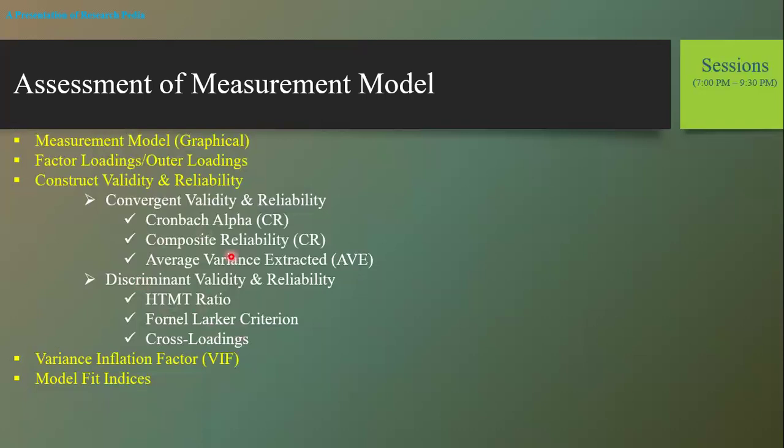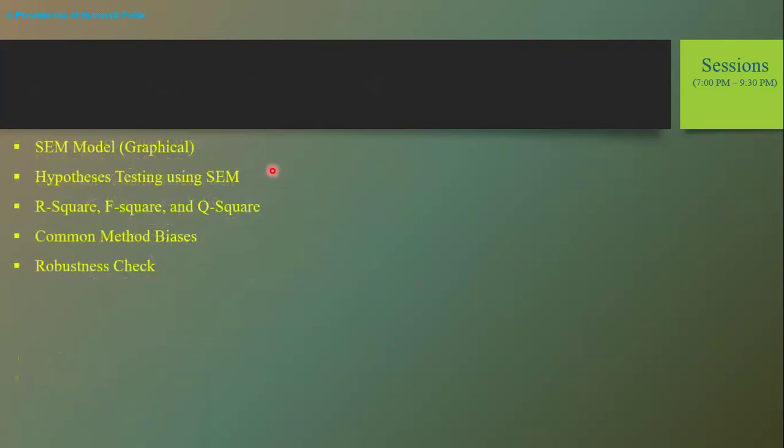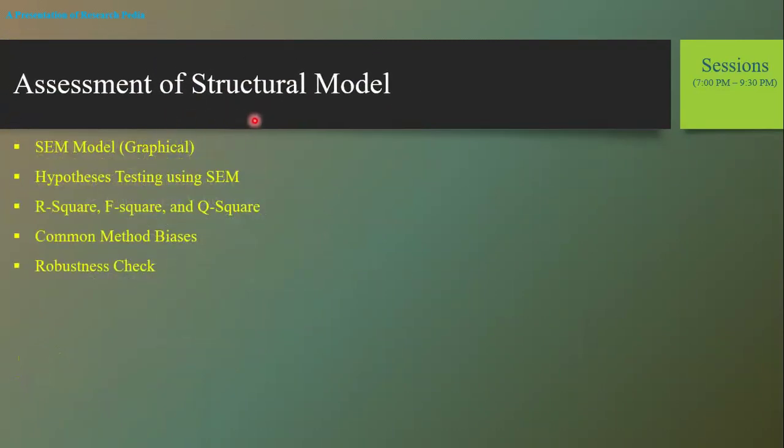I will provide guidelines today on how we can analyze the data using these considerations. Then we need to see the variance inflation factor and model fit indices. So these are the considerations when we need to assess the measurement model. In the second phase, when we need to assess the structural model, we need to develop a structural equation model graphical.